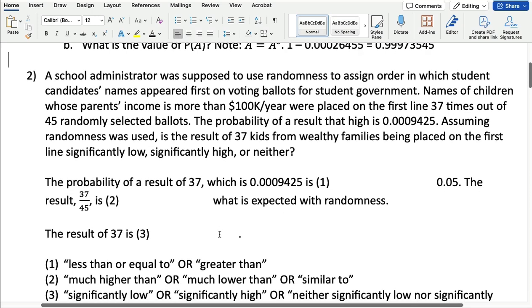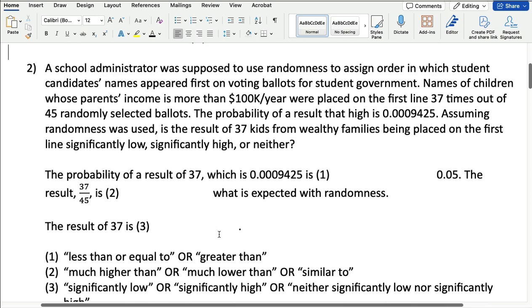This is a little more involved, so we're going to need to understand what's going on in it. It gives us this information. A school administrator was supposed to use randomness to assign the order in which student candidates' names appeared first on voting ballots for student government.